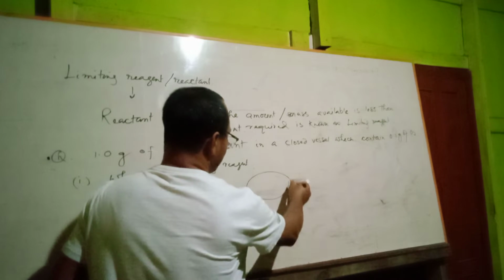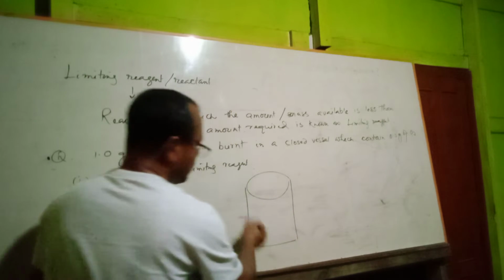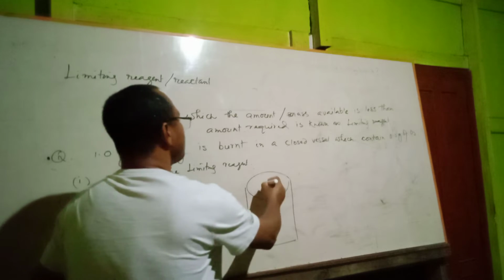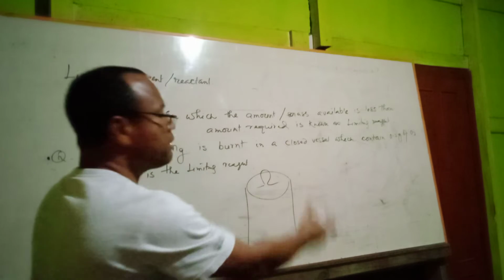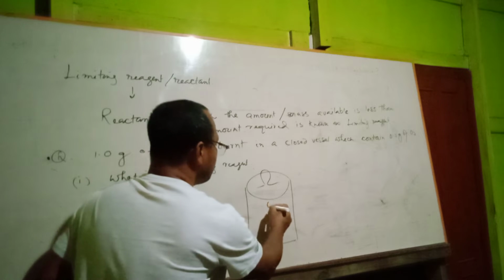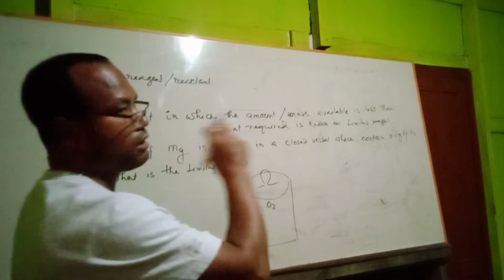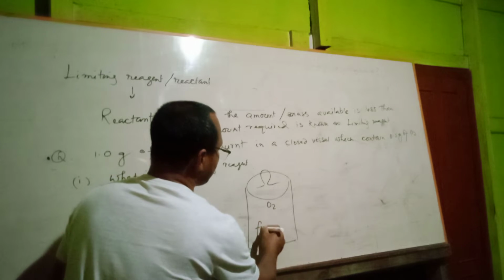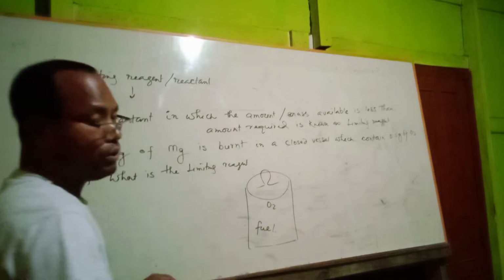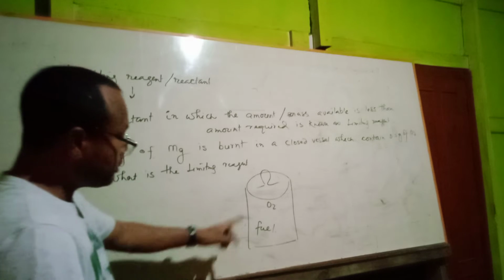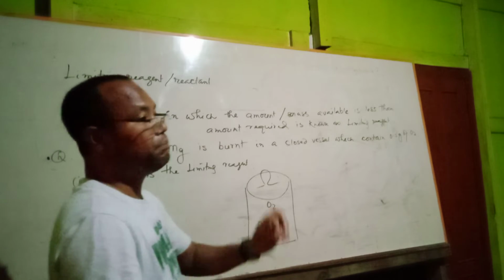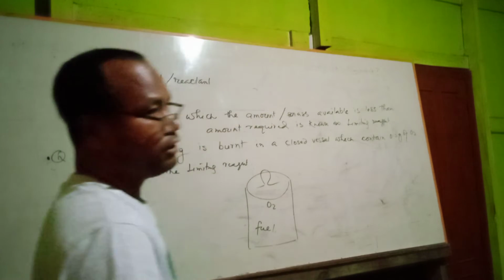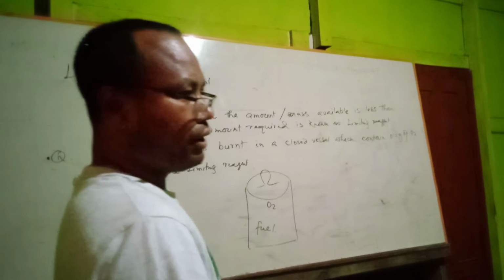Now I will give you an example. This is a closed vessel, right? So I close this vessel. Inside this vessel, a very limited amount of oxygen is present, right? Inside it, we burn the foil. So the question is whether this foil will burn completely or not. The answer is no. Why?